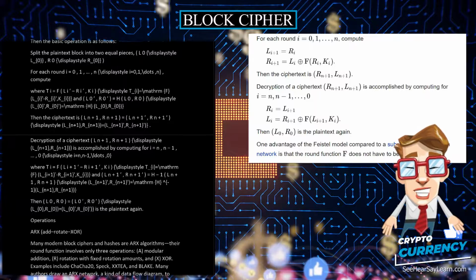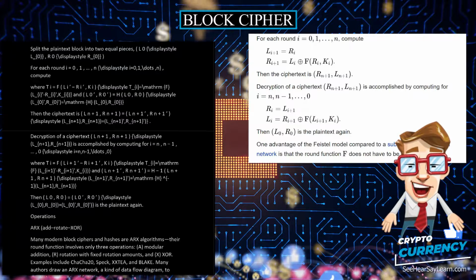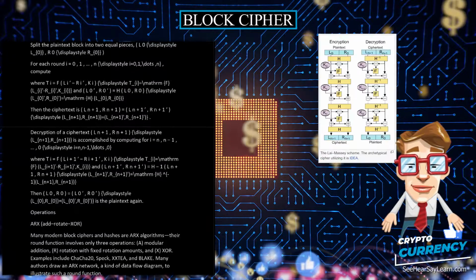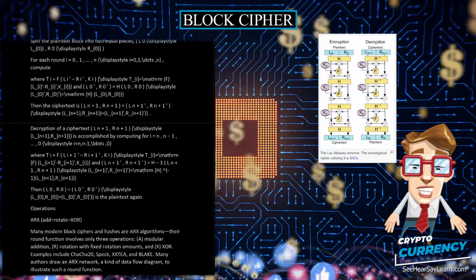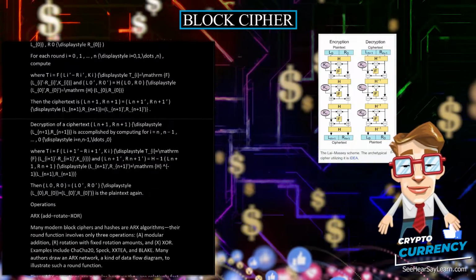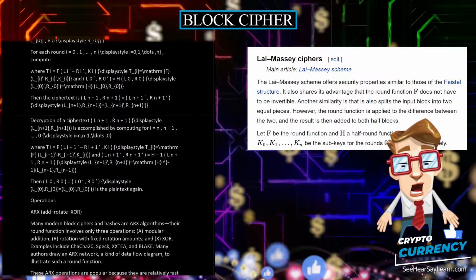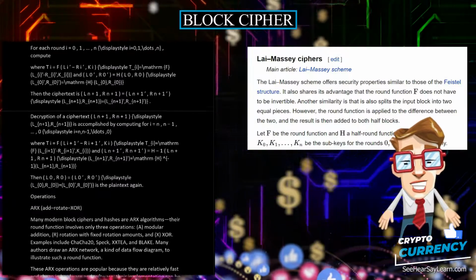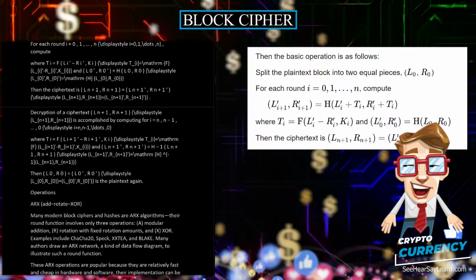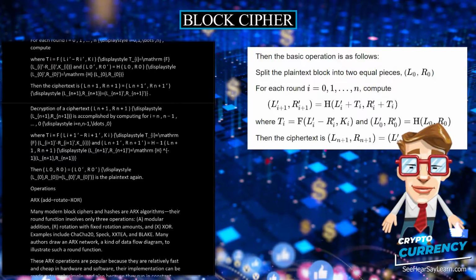Then the ciphertext is (L_{n+1}, R_{n+1}) = (L_{n+1}, R_{n+1}).